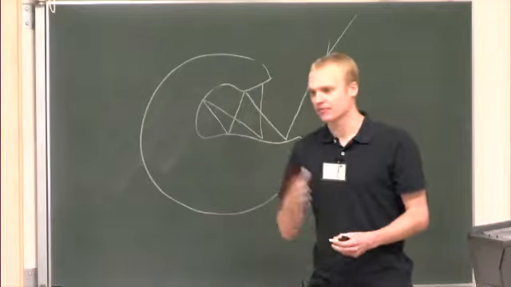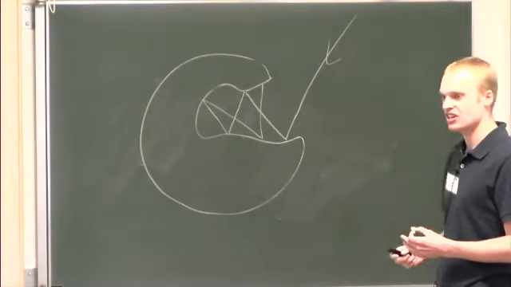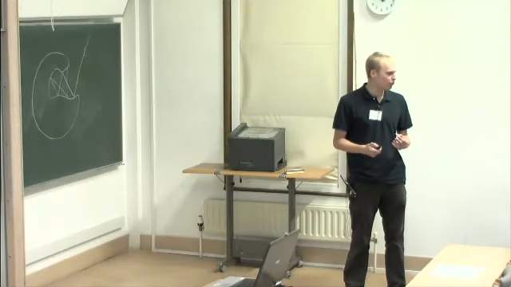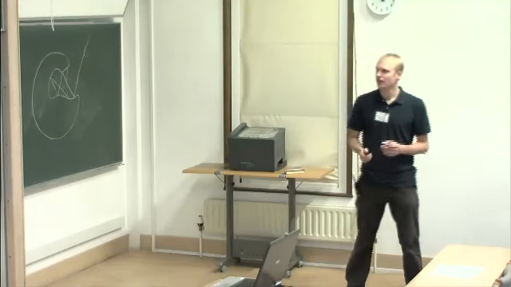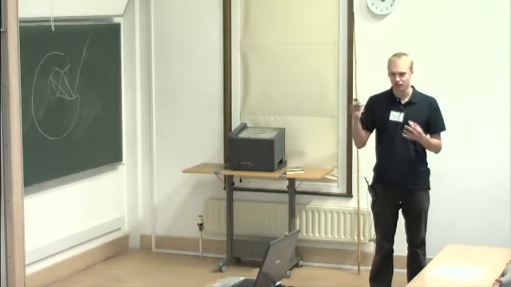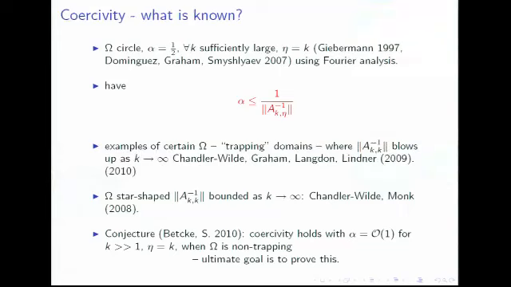So obviously a non-trapping domain is one where all the rays eventually escape. So you have some physical reasons why you expect trapping domains to be nasty, and it looks like non-trapping is the condition under which coercivity will hold, and the ultimate goal is to prove this.